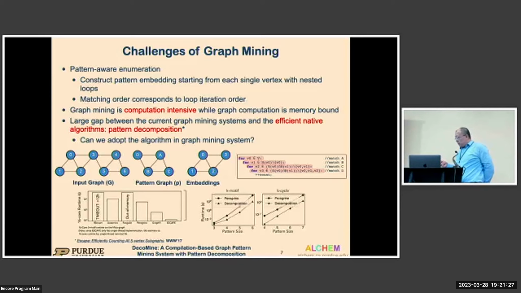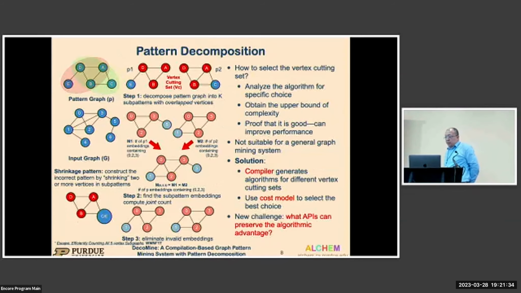Next, I want to briefly introduce the pattern decomposition algorithm, and then present the challenge of why we need new ideas to support that in the system. For pattern decomposition, the goal of the algorithm is to support larger patterns. The first step is to partition the pattern into subpatterns, and all the subpatterns share a vertex cutting set.